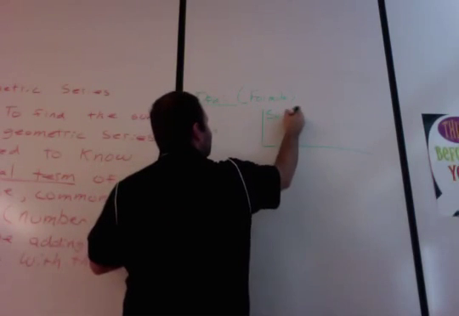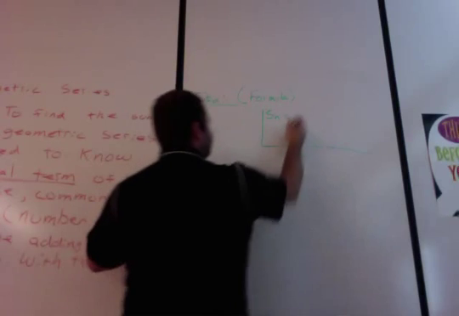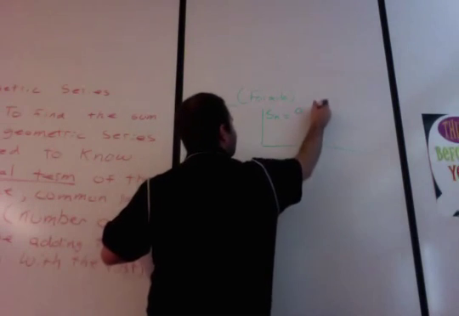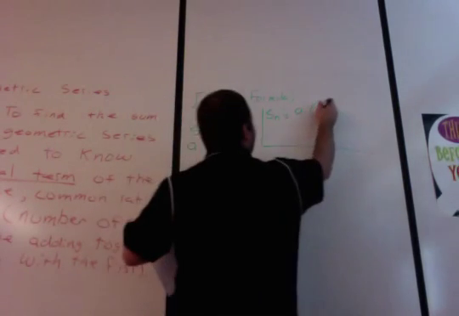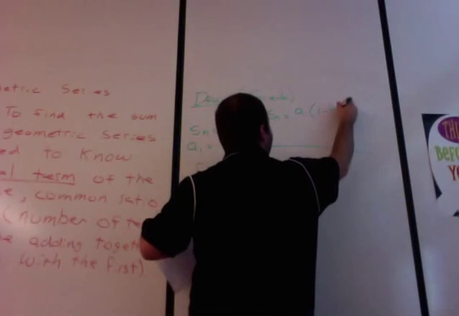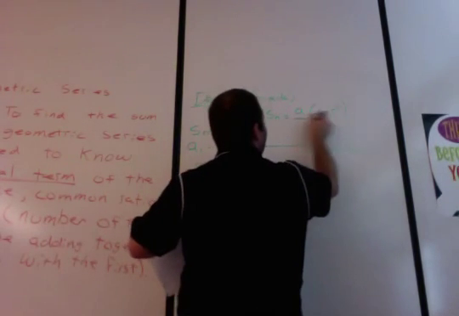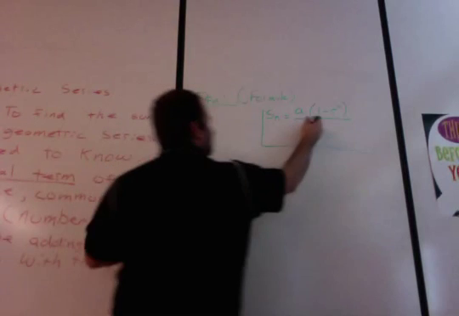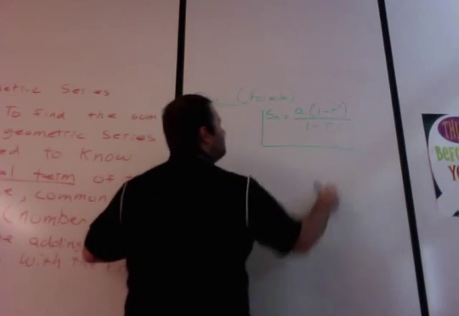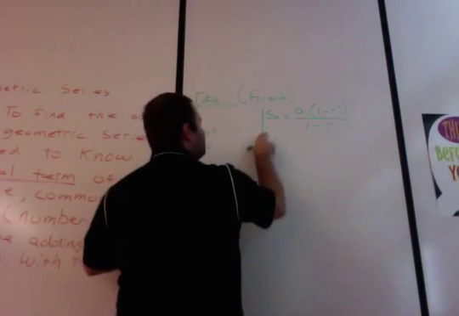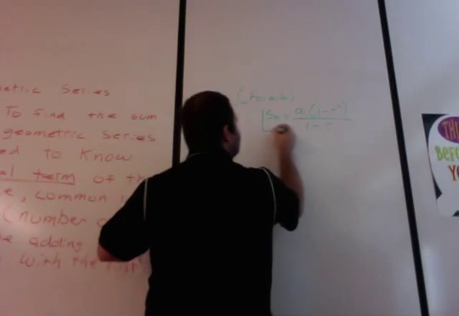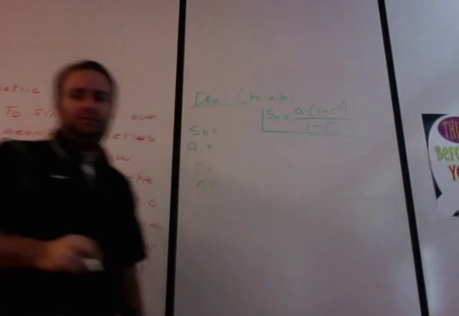S sub n equals A1 times 1 minus r to the n power over 1 minus r. That is the formula to find a sum in a geometric series.